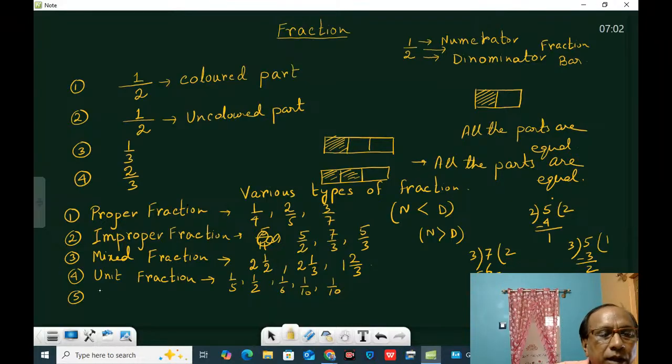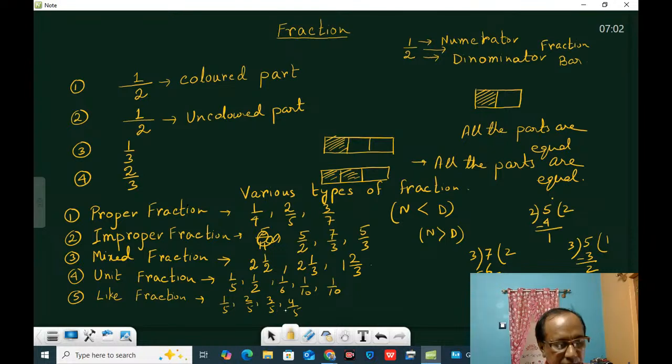Like fractions are those fractions in which the denominator is the same. Suppose 1 by 5, 2 by 5, 3 by 5, or 4 by 5. Here you see all the denominators are the same, therefore we call them like fractions.